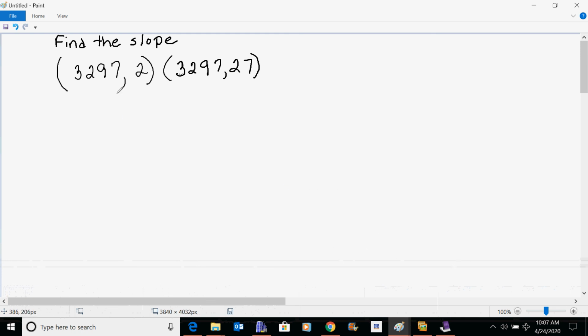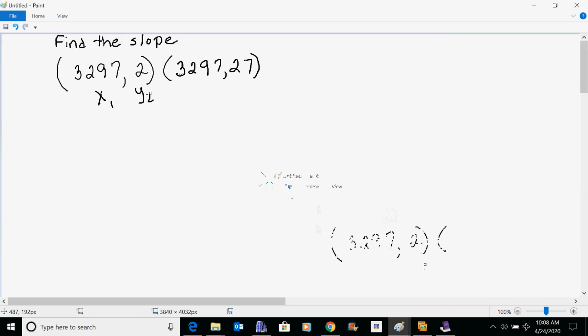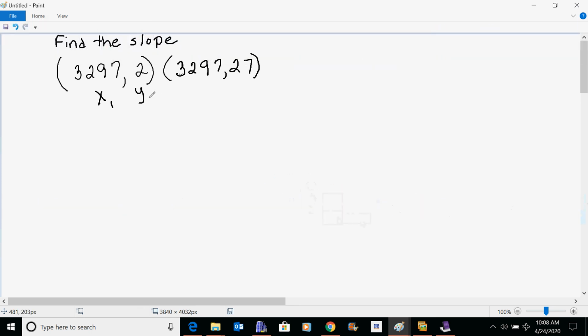Let's look at a problem like this. Oh my gosh, Mrs. Dowdy, what did you do? You've got that horrible big long number, but once again, don't get messed up by a big number. Uh-oh, what mistake did I make? It shouldn't be 1 and 2. It should be x1 and y1, and x2 and y2.